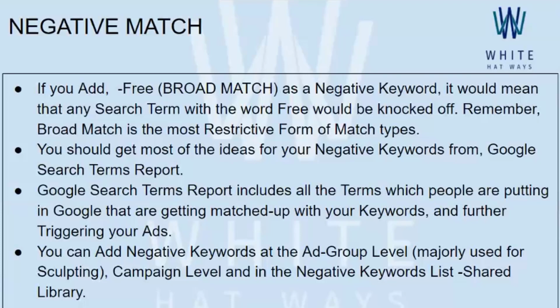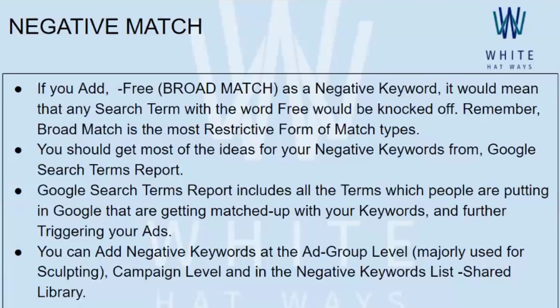The Google Search Terms Report includes all the terms which people are putting in Google that are getting matched up with your keywords and further triggering your ads. So this is the place which would show all those search terms which people are putting and which actually matched up with your keywords and showed your ads, which obviously might be good terms or might not be good terms.